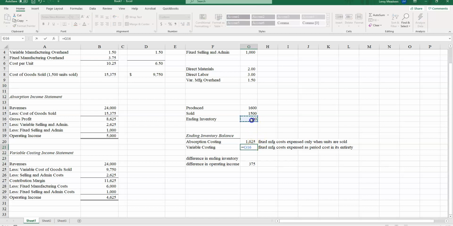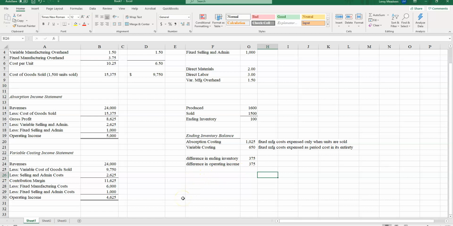Well, my 100 units times a variable cost per unit of $6.50 gives me $650. And what is the difference between the two ending levels of inventory? $375.